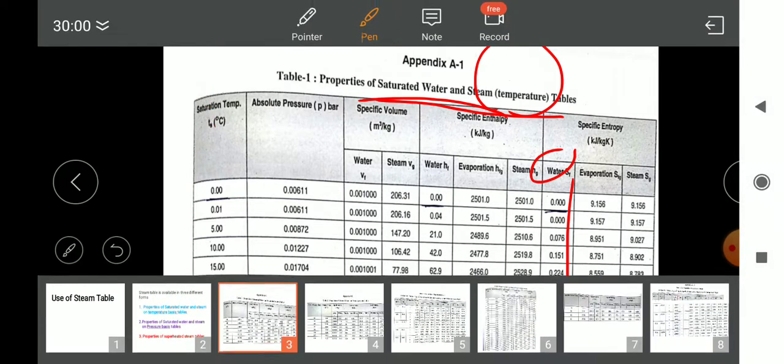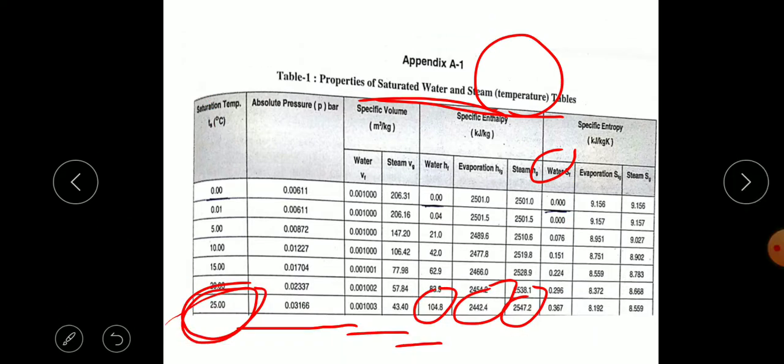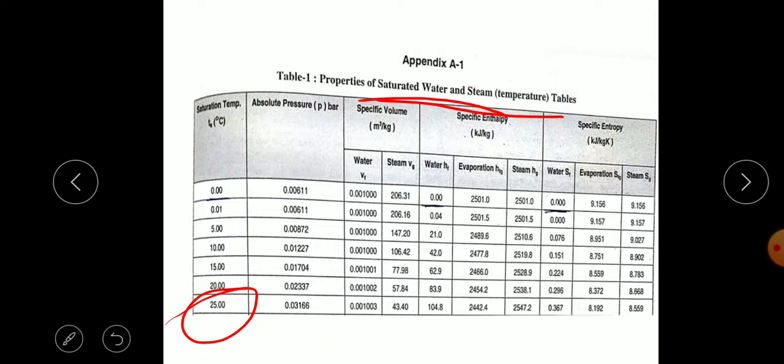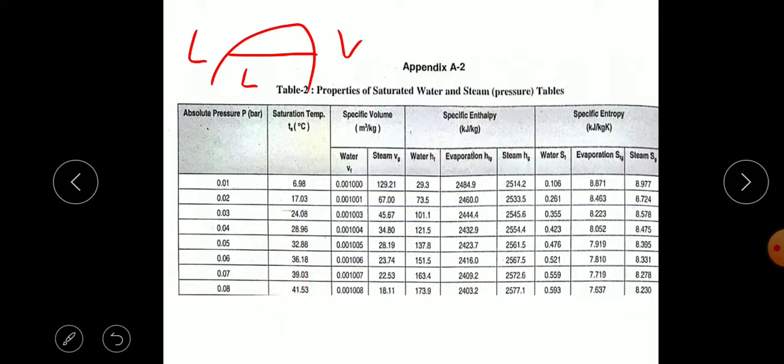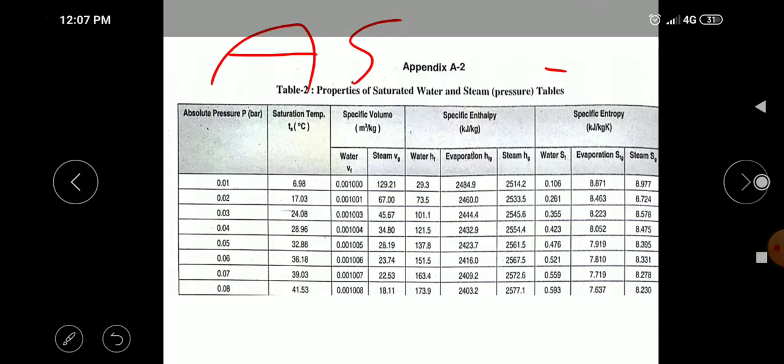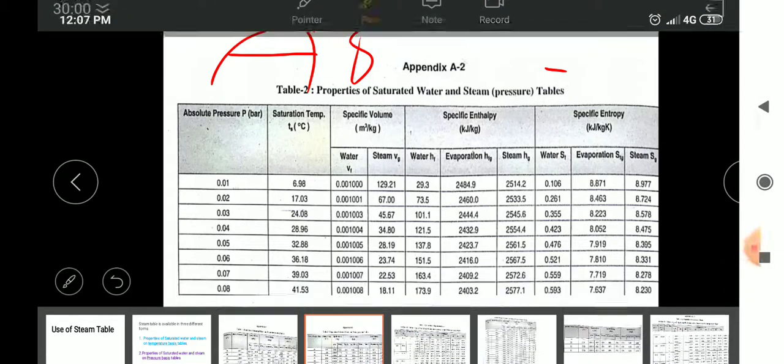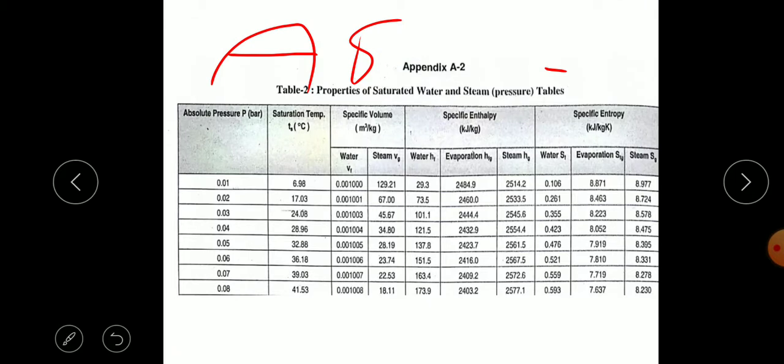If the temperature is given, we use the properties of the steam on the temperature basis. If the pressure is given, say 8 bar pressure, we use the properties of saturated steam on the pressure basis.